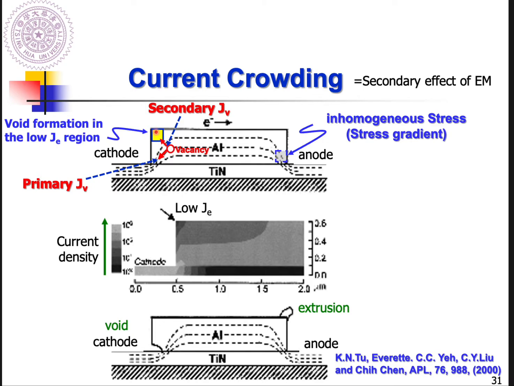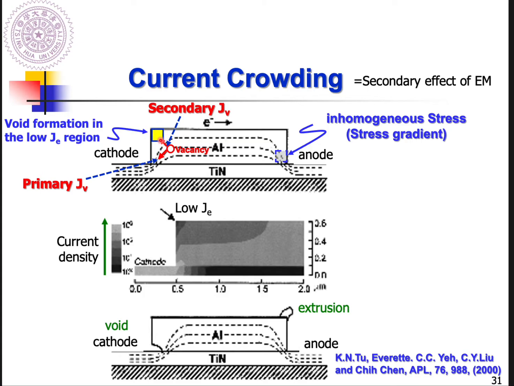And if a vacancy is located here, where the current density is lower, it will have a lower potential. So there's a potential gradient along these directions due to the inhomogeneity of the current density. This is higher current density and this is lower current density. So in order to decrease its own potential energy, some vacancies are going to move toward the region with low current density in order to decrease the total potential energy of the vacancy.